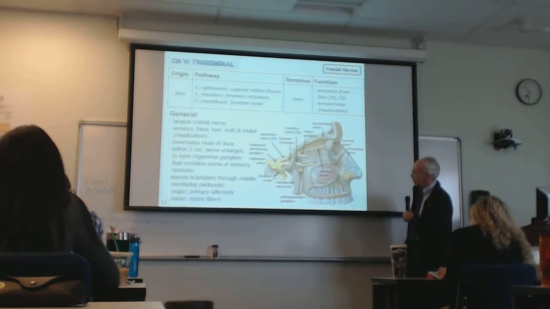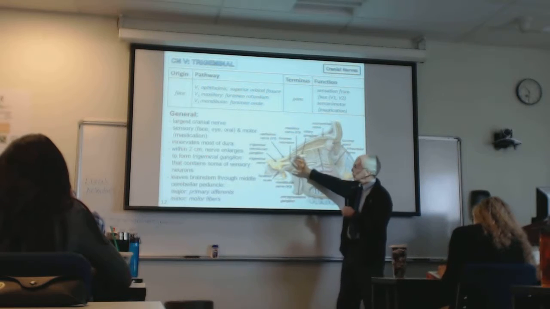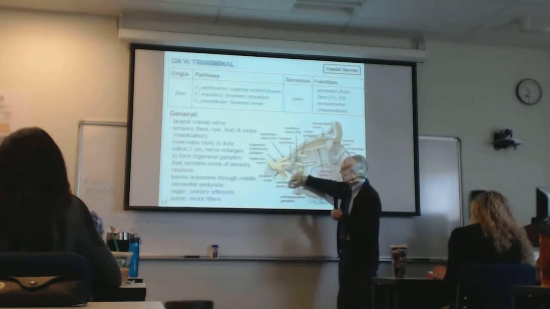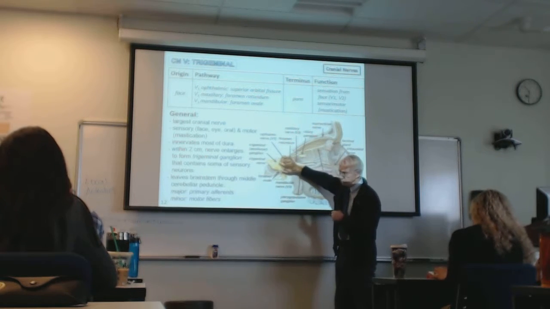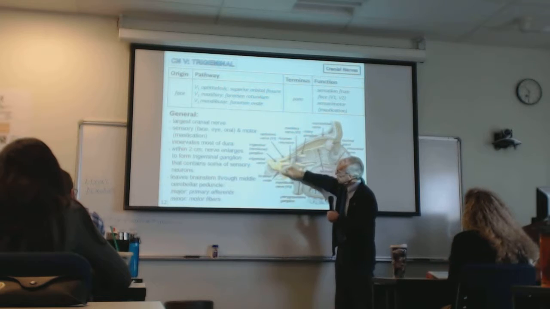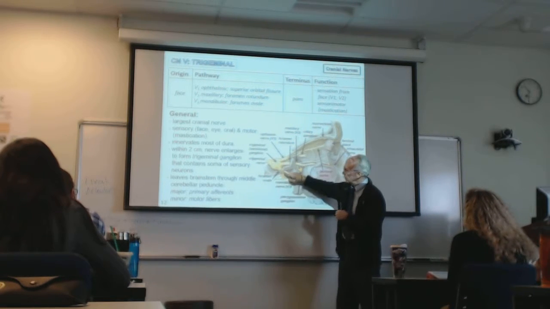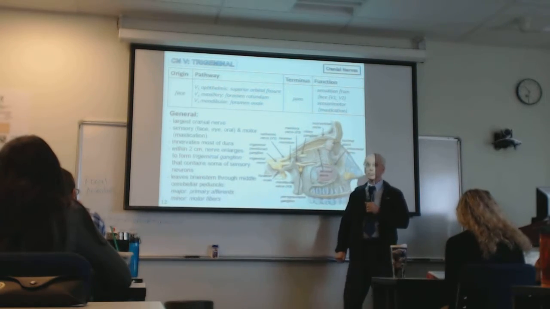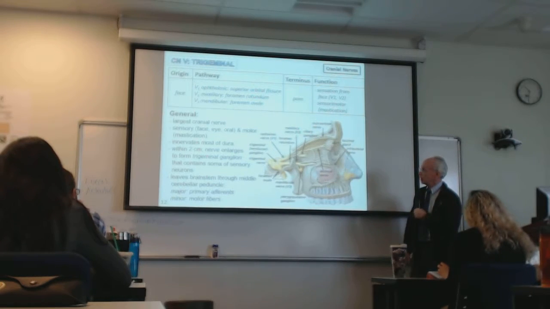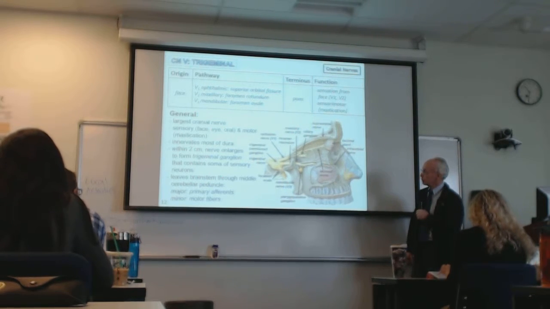But having said that, you can see there are 3 major branches, and you know the relationship between the trigeminal nucleus and the ganglion. Cranial nerve 5 is unusual in this regard. But remember, the third branch, the mandibular branch, is also a motor branch. It also has efferents contained in it. So cranial nerve 5 is not exclusively sensory.